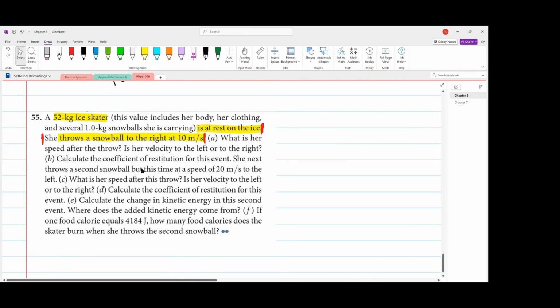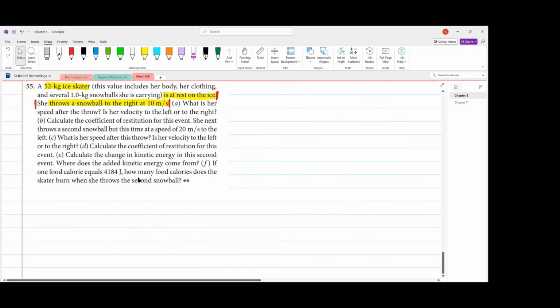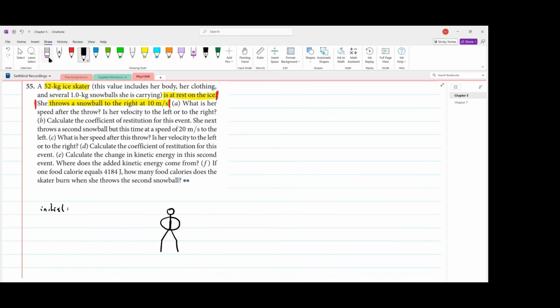So let's see what we have. Initially, we have this 52 kilogram ice skater. It is also helpful to just do a sketch or a drawing of the scenario before you try it. So we have the skater. I'll just draw a stick figure. And she's carrying a bunch of snowballs.